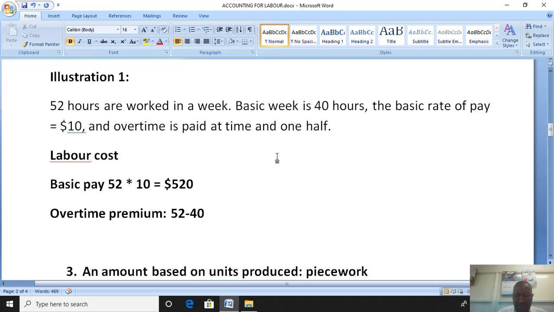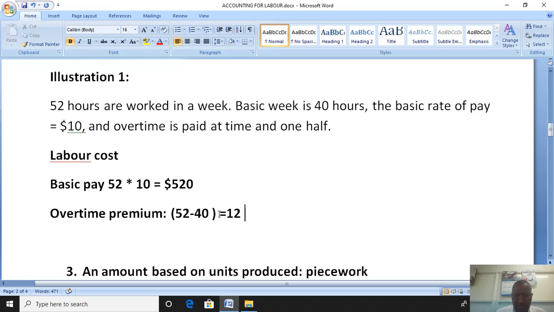Of course that gives us 12 hours worked as overtime hours.